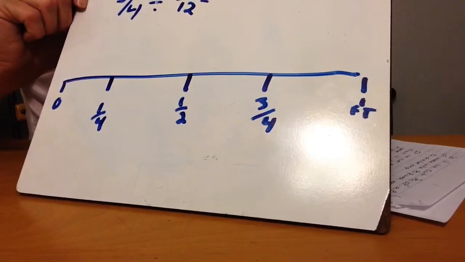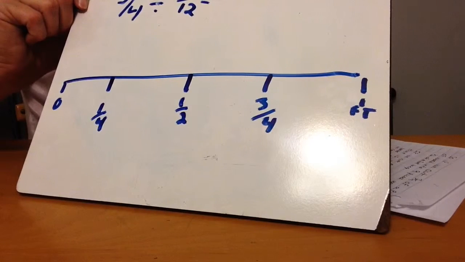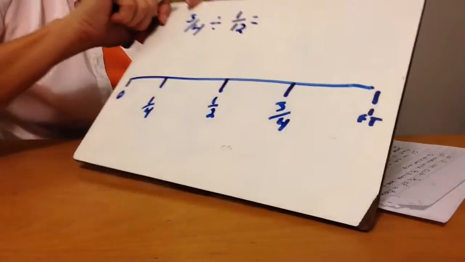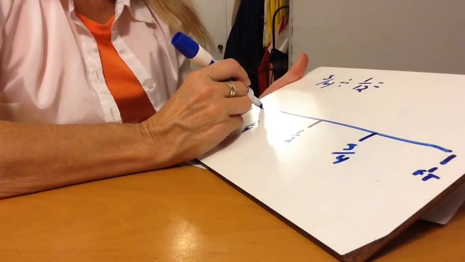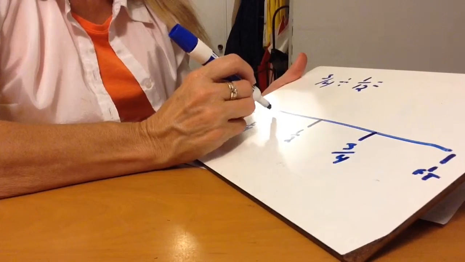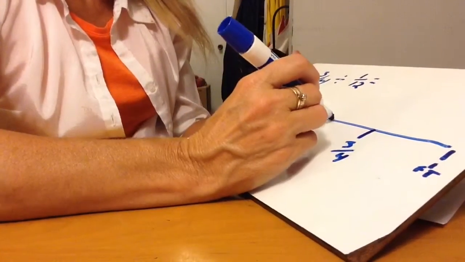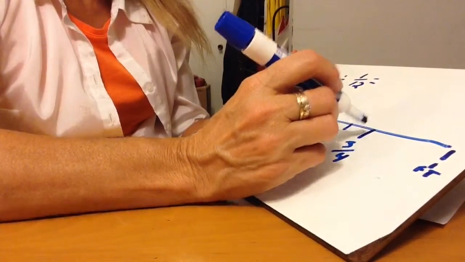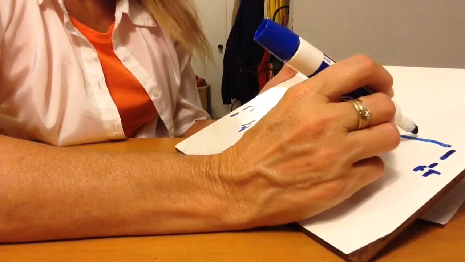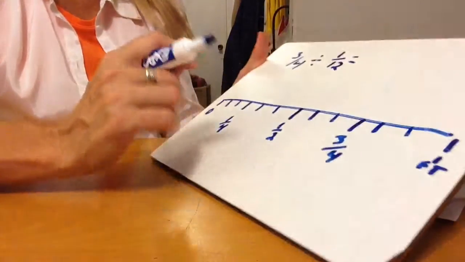So we need to divide this foot into 1/12. So we'll make each quarter into 3 sections. So let's make 1, 2, 3, 1, 2, 3, 1, 2, 3, 1, 2, 3.